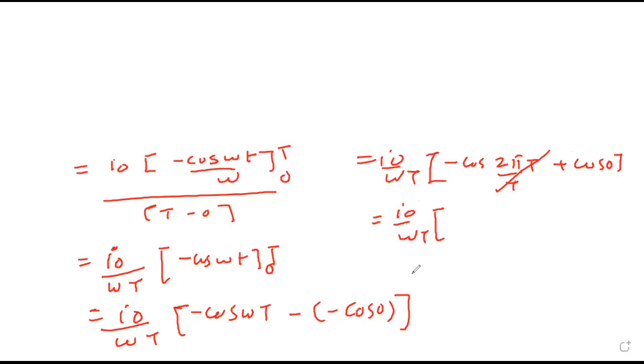What is cos of 2 pi? 0. No, cos 2 pi is 0, where? Cos 90 is 0. Cos 2 pi is 1. Yes sir, sorry sir, it is 360. So this -1 +1 together, what does the answer become? 0. So for a complete cycle, average current in AC sources is zero, right?